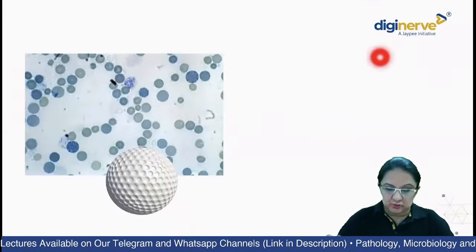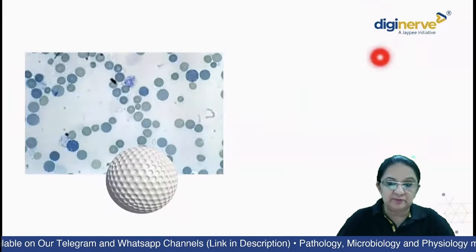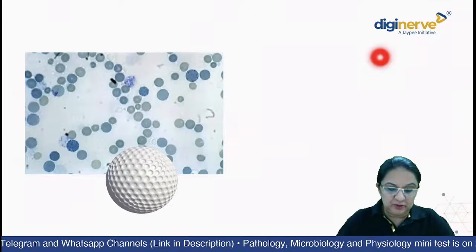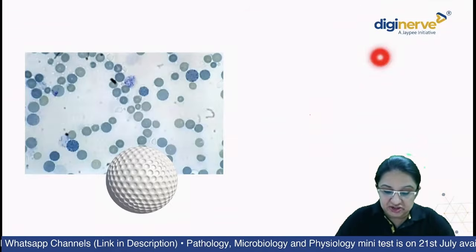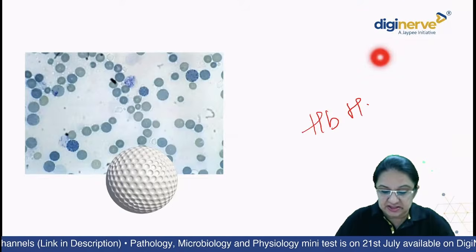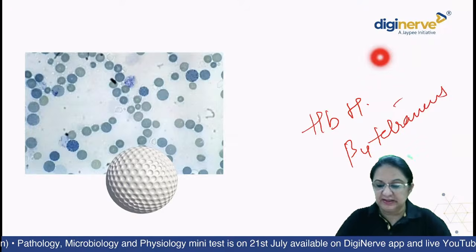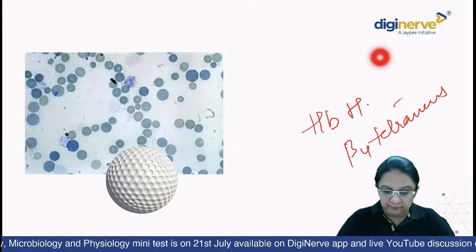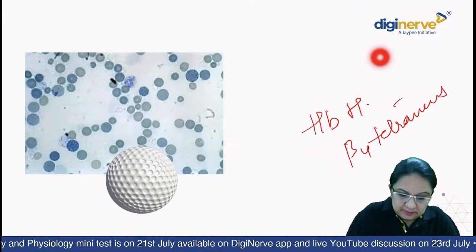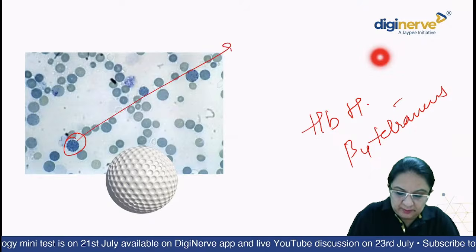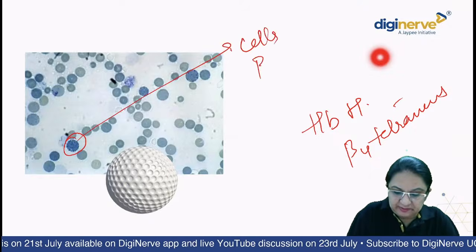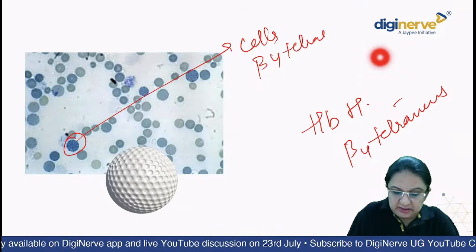Okay, so this is the golf ball appearance that I was talking about, seen in HbH disease because of beta 4 tetramers. These are your cells with beta 4 tetramers looking like a golf ball.